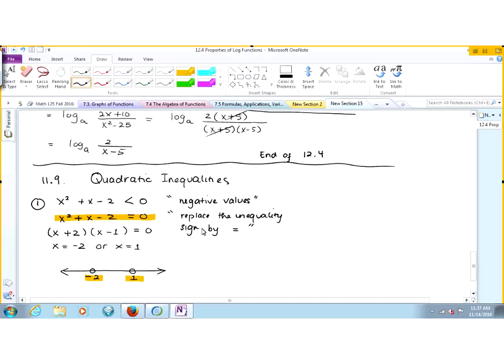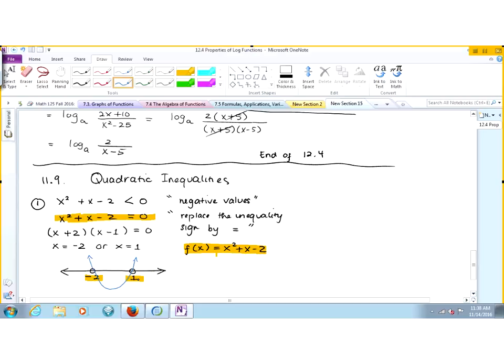How does the graph look? Does it open up or open down? So we're talking about this function, f of x is equal to x squared plus x minus 2. Look at this. Open up? Okay, so if I graph, it's going to look like this. And I don't care about the vertex or anything.